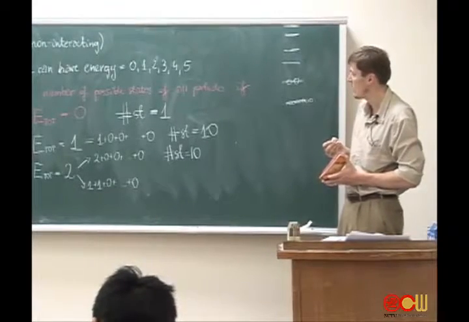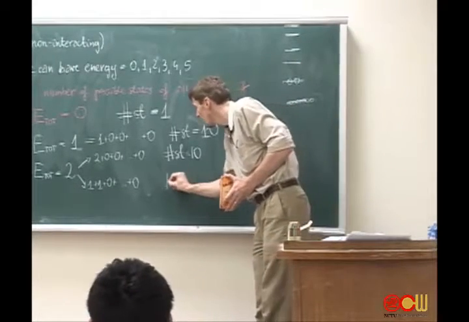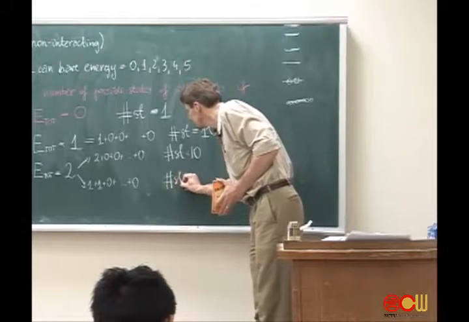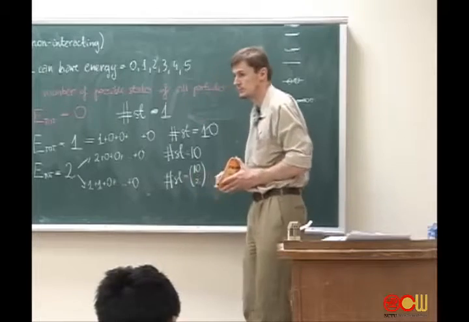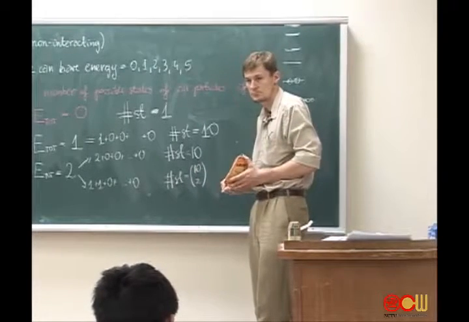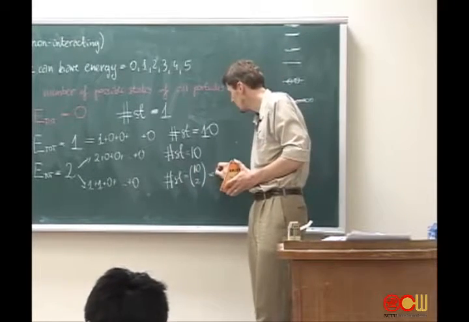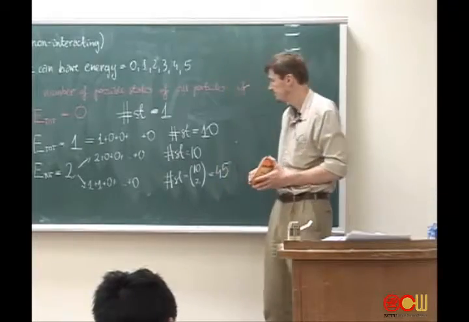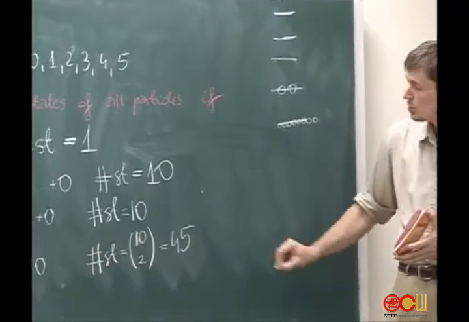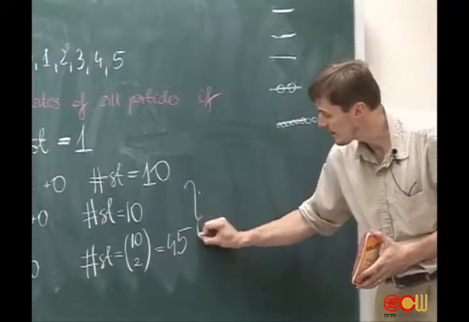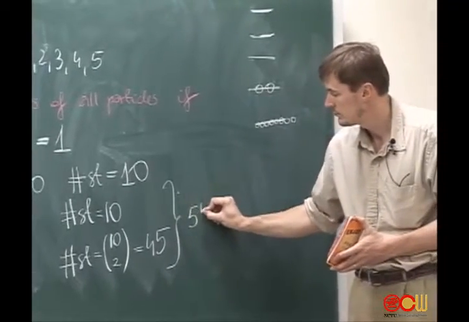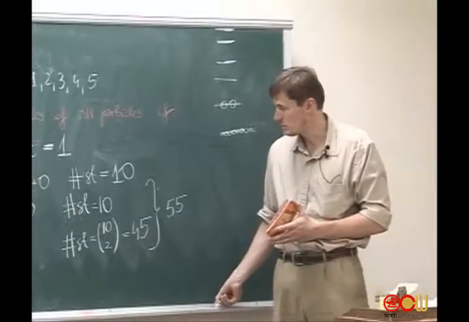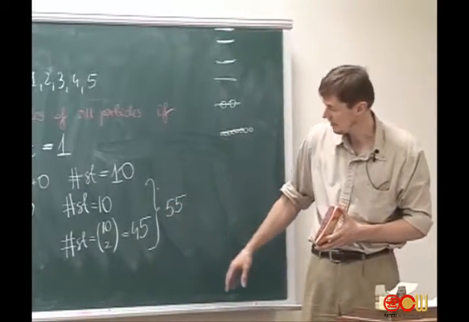And it turns out that the number of them is equal to 10 choose 2, which is 45. So the total number of possible states available if the total energy is 2 is 55. Good. As you see, you can go farther and farther.